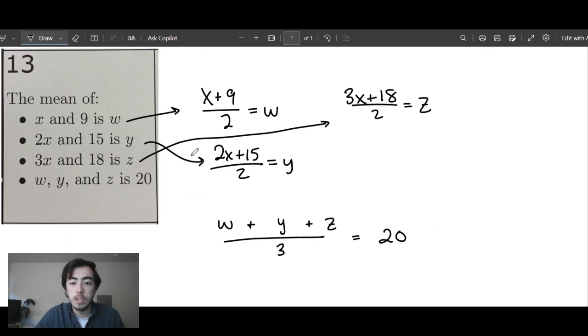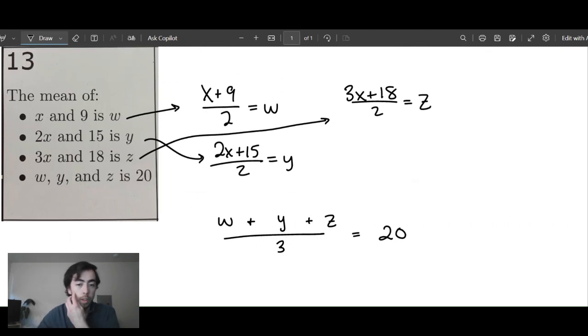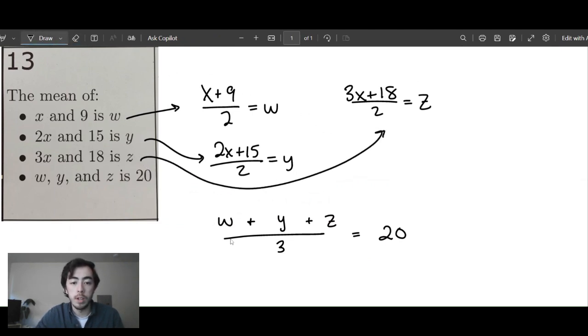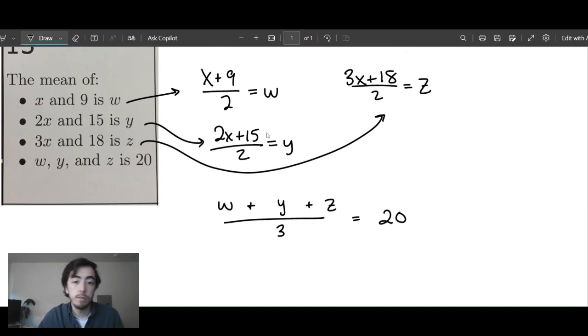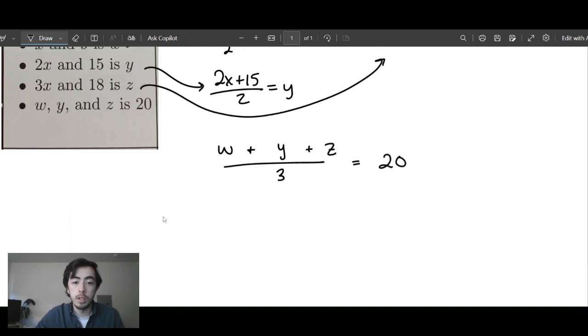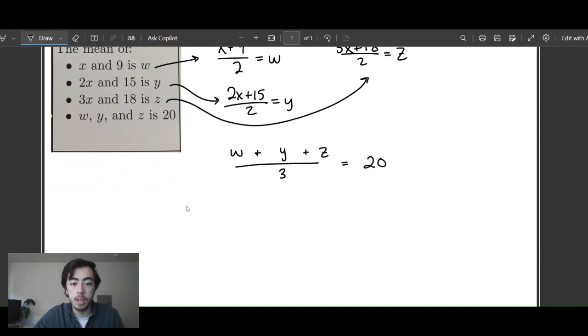All right, and it looks like we're trying to solve for x, so I think we could do some substitution here, where I replace the w, the y, and the z with their expressions from above, and try to solve it. So w is x plus 9 over 2.